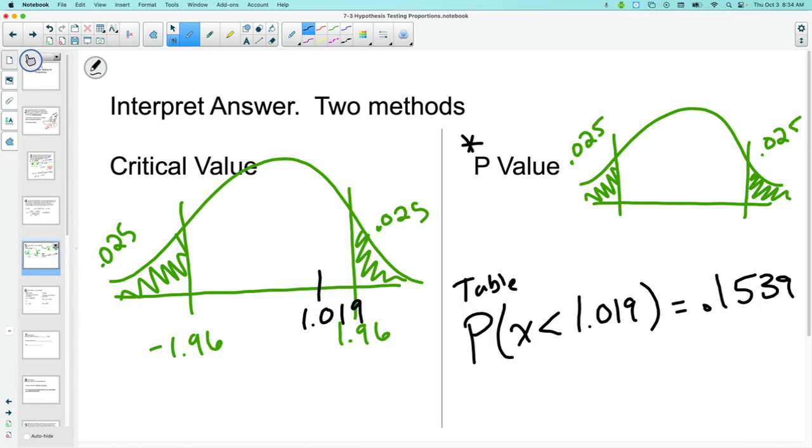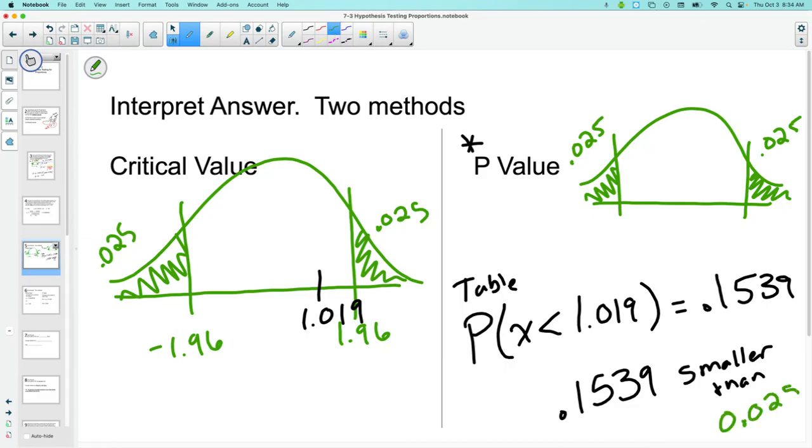But the idea here, what we want to look for in the p-value method, is whether this percentage that I looked up is smaller than this one. Is it smaller? Because if it's smaller, that would mean it would fit inside. The only way to fit inside the green region is to have percentages that are small.